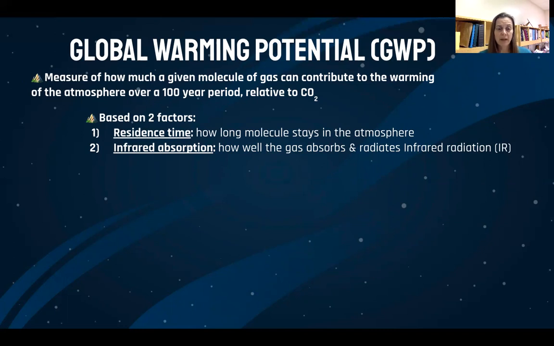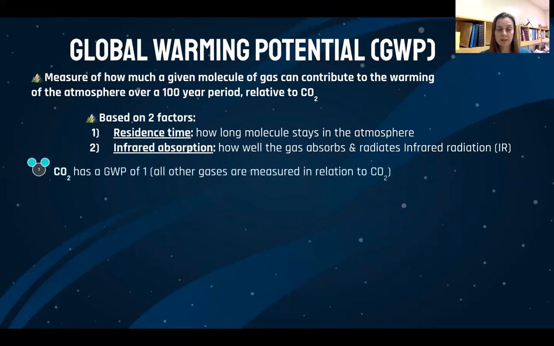And then the second factor is infrared absorption. And this is how well the gas absorbs and radiates infrared radiation. So a combination of those two tells us the global warming potential of any of our greenhouse gases.